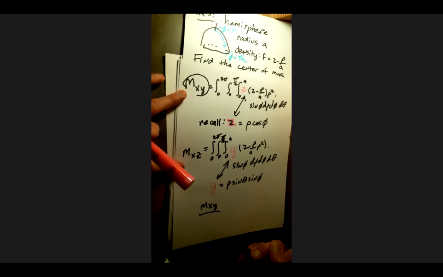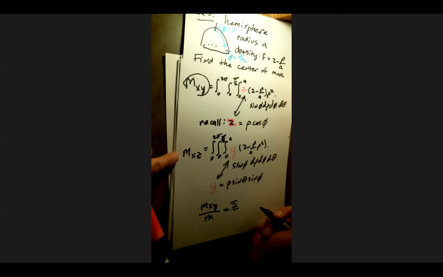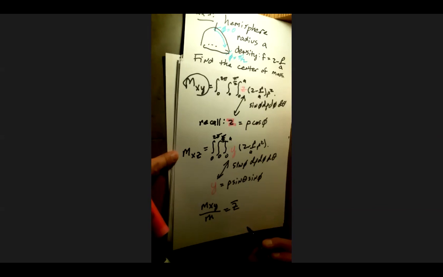You're going to divide it by M, and that's going to give you one coordinate of the centroid. The z is going to give you z bar. And you could use Mxz divided by the mass, and it would give you y bar. All three of them together will give you the centroid.